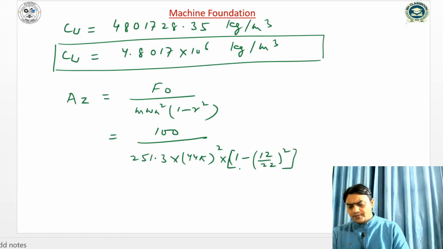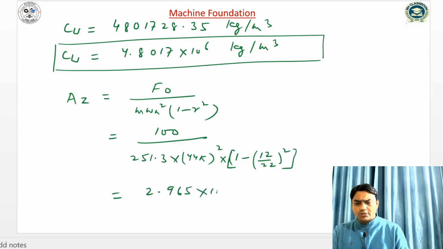So 100 divided by 251.3 into 44 pi whole square into 1 minus r square. So it will be 2.965 into 10 to the power minus 5. Sorry, it will be in meter.